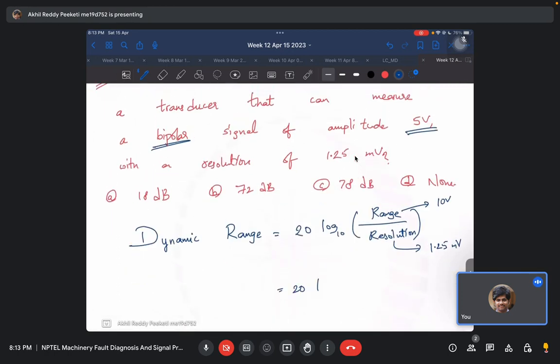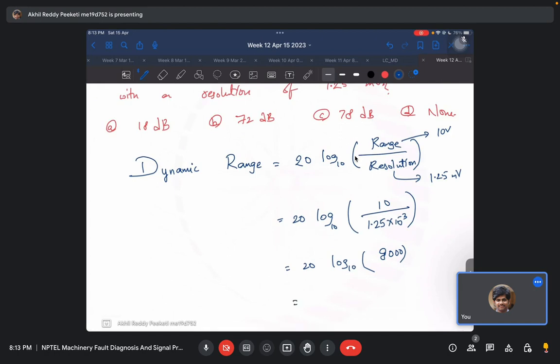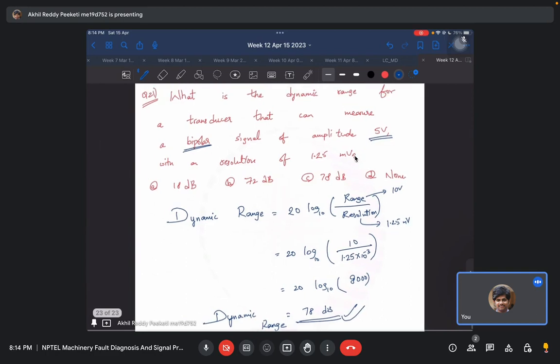So dynamic range is 20 log of 10 by 1.25 into 10 power minus 3 volts. So 20 log 10 of 8000. So this turns out to be 78 decibels. This is the dynamic range. So you can estimate the dynamic range if range and resolution are given.